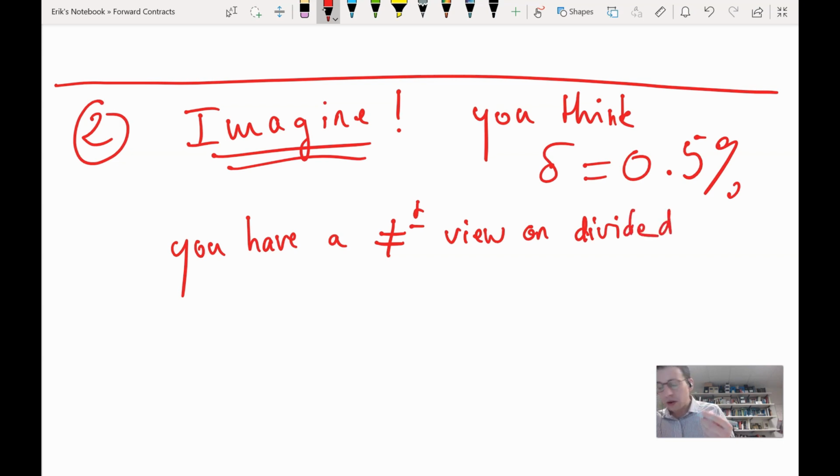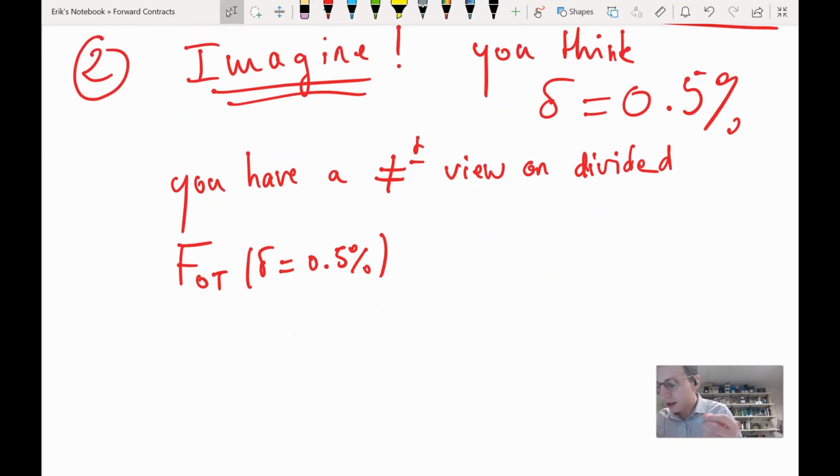Okay, that means you're also going to have a different valuation for the forward, right? Your valuation for the forward is going to be based on what you think the dividend yield is. So that's your valuation.